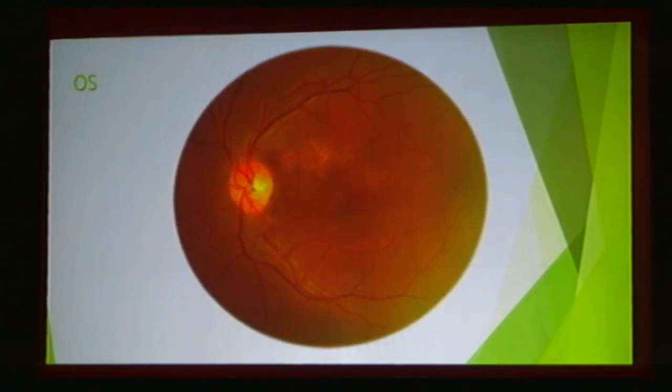The left eye showed some pigmentary changes along with some whitish subretinal deposits in the peripapillary area, the dull foveal reflex, with a small hemorrhage near the disc. Yeah, so here is one small hemorrhage. There was a small subretinal hemorrhage.